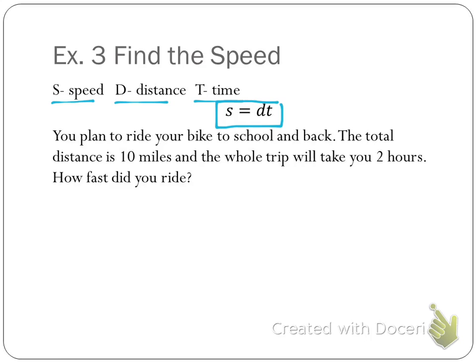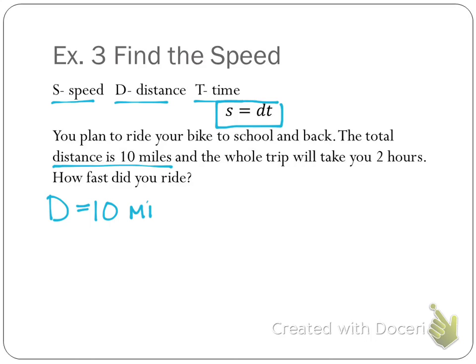So let's read this. You plan to ride your bike to school and back, okay? So you're going there and back. The total distance, ding, ding, ding, that's one thing you're looking for, is 10 miles. So I want you to write D is equal to 10 miles.